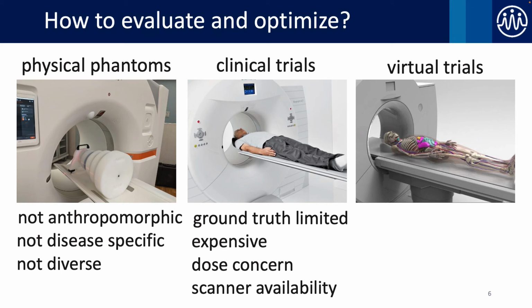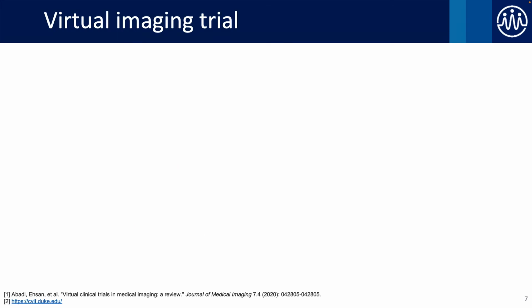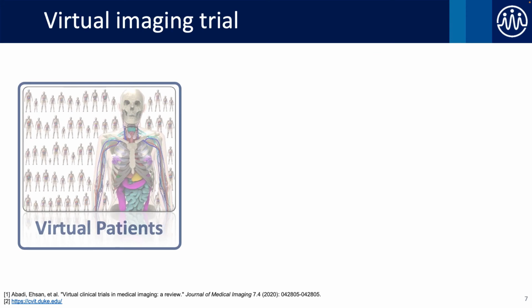And as far as you have the models for them, you can experiment anything that you want, and you can design any studies that you would like to. So that's what brings us to the domain of virtual trials. How does it work? You basically mimic a real clinical trial.